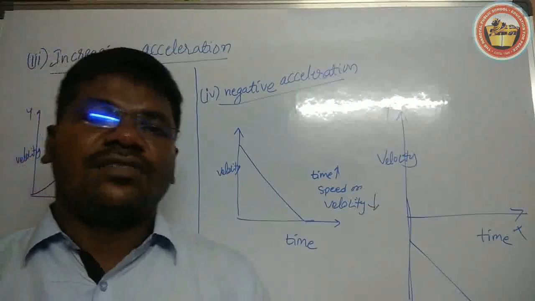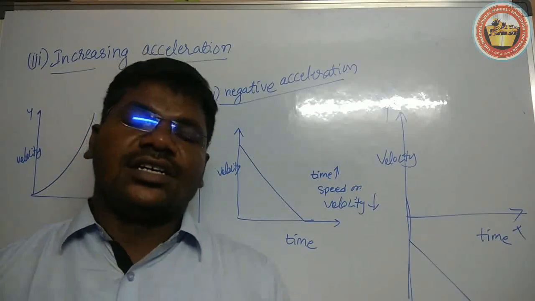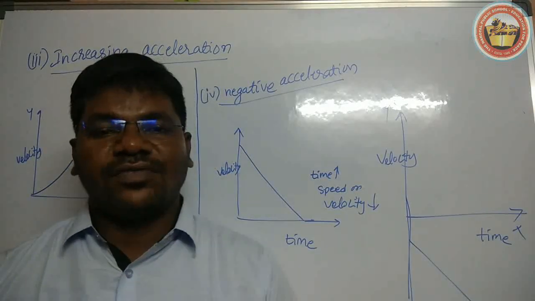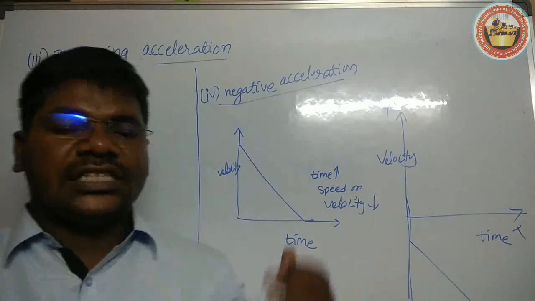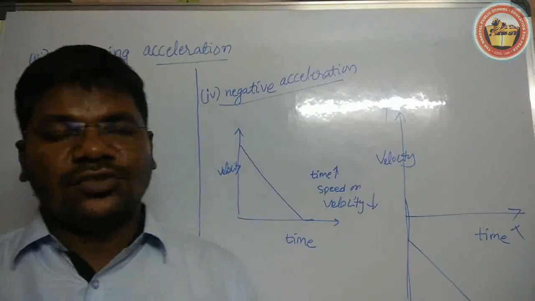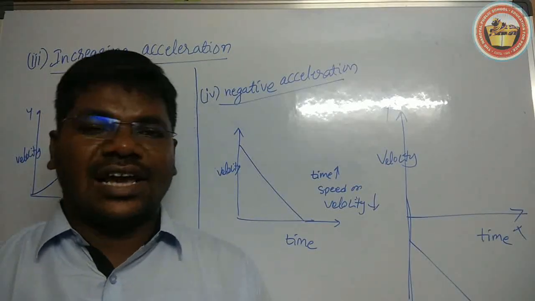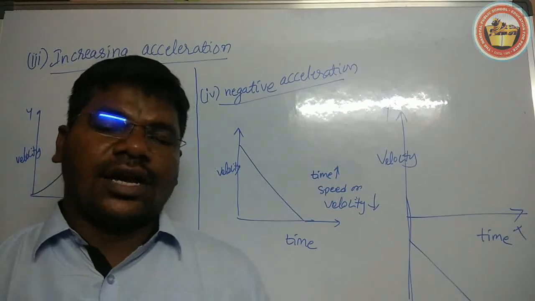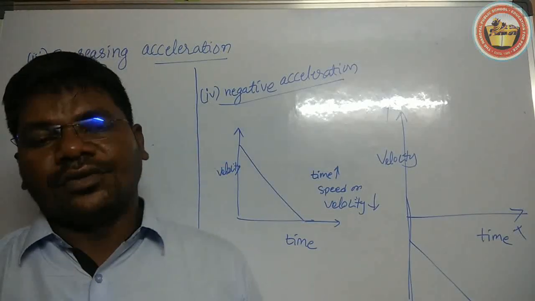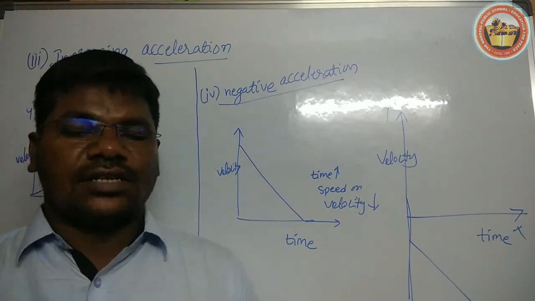With the help of the graph we have to know in which type of motion, uniform or non-uniform, and which type of acceleration, negative or positive, the particle is. Just remember it. Now how can we use mathematical calculation? I will discuss in a few minutes. Within a few seconds I will start.